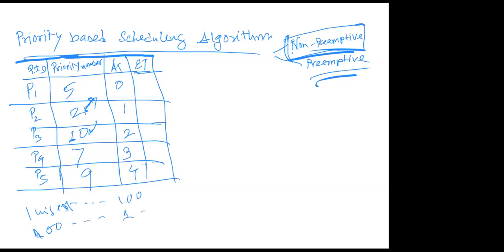Either way is fine. Let's consider here the low number is the highest priority, 1 is the highest priority, and so on.